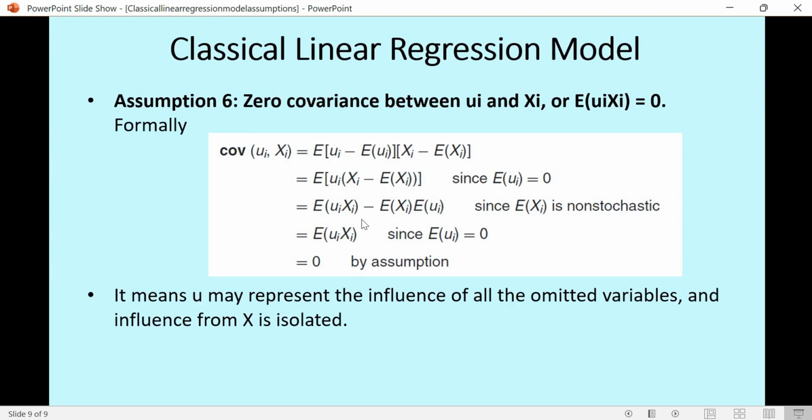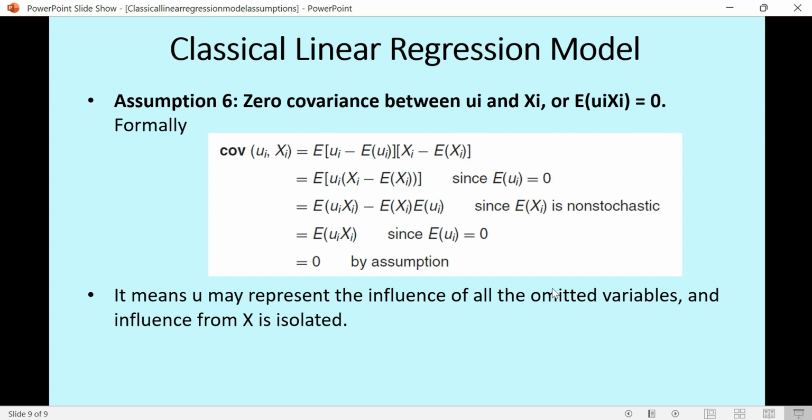And the sixth assumption, which is the last important assumption in this video, is zero covariance between ui and xi. Which means xi is a fixed value, while the disturbance is the difference between the y on the regression line and the real observed y value. These two have zero correlation. So x represents the influence of observed values and the disturbance ui represents the influence of all omitted variables.